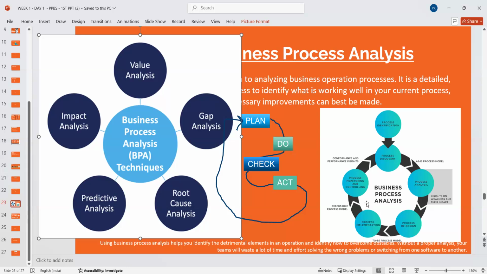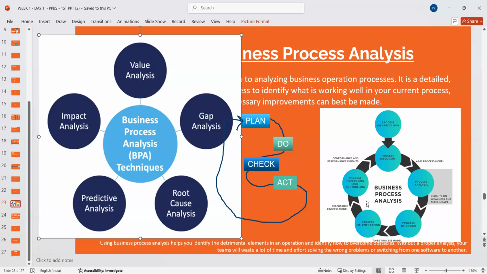In this process, we basically try to validate or gauge what is the value add, what is the additional value that we are getting from this process.